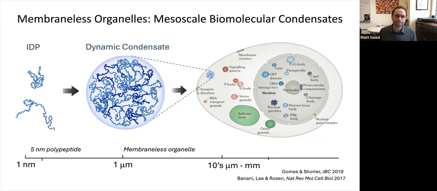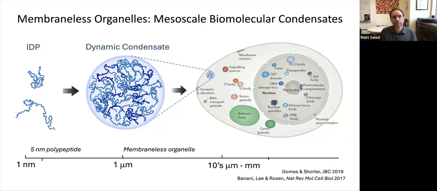We've of course taken inspiration on how to build compartments from natural membraneless organelles, such as the nucleolus and stress granules. The cell contains dozens of these compartments that self-assemble, for example, from proteins and RNAs into these micron-scale assemblies, and they do so in the absence of a lipid bilayer membrane.